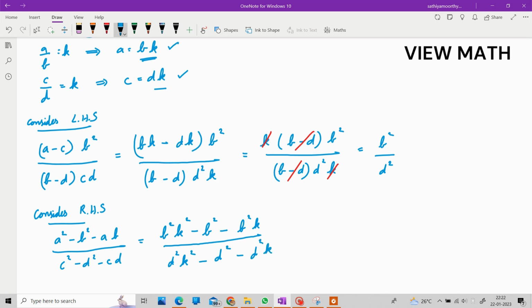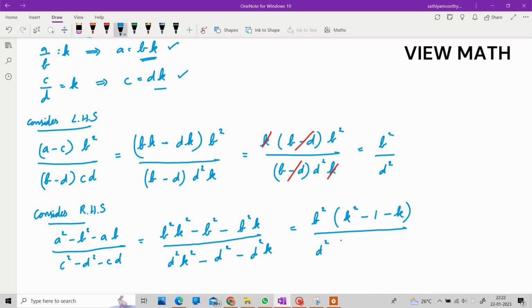Now this is equal to, now in this term B square term is common in the numerator and D square term is common in the denominator. I am going to take it outside. B square I am going to take it outside, so inside the bracket I will be getting K square minus 1 minus K divided by, in the denominator I am going to take the D square term outside.